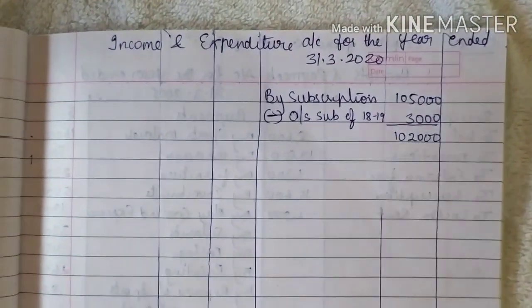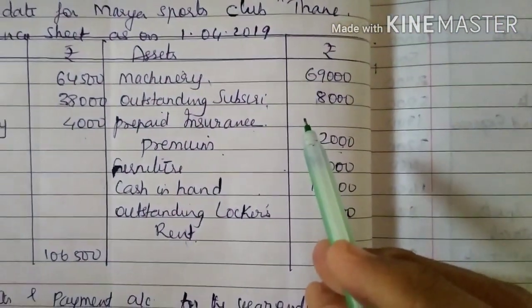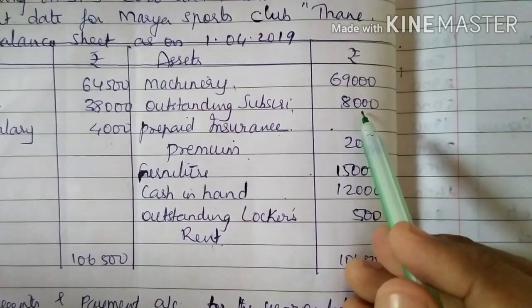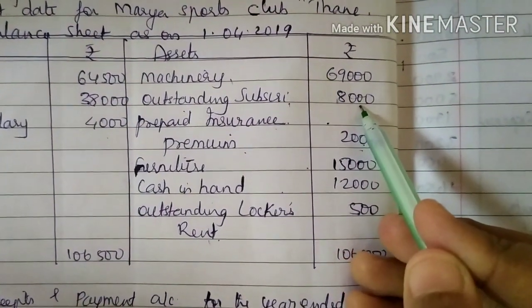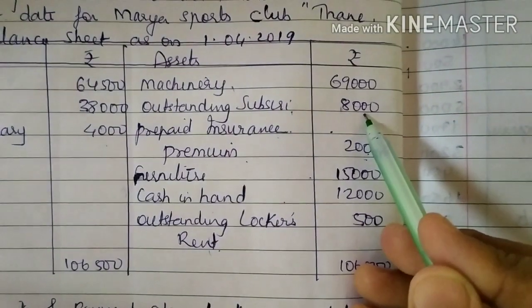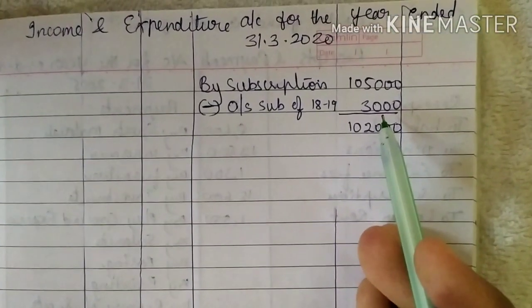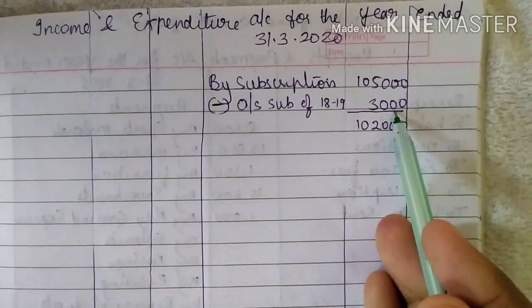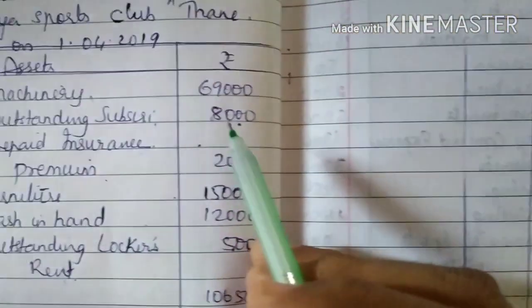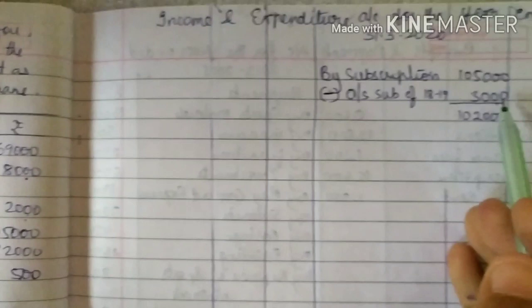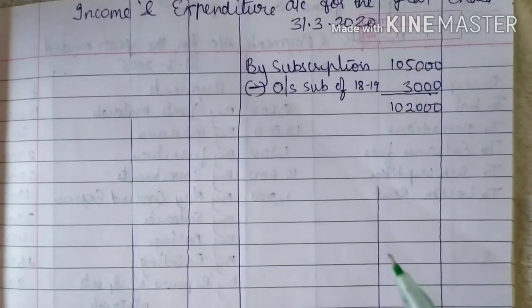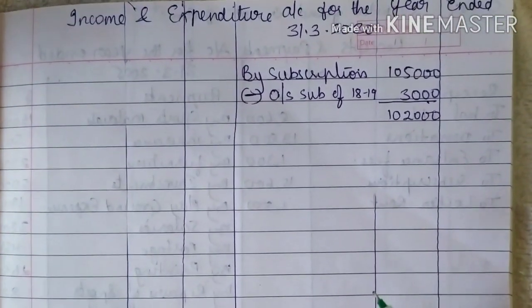Okay, but if you see in the last year asset side, the last year pending amount was 8,000. Last year the outstanding subscription amount was 8,000, but how much did we receive? We received only 3,000. It means out of 8,000 you received 3,000. It means 5,000 is still outstanding of the previous year.